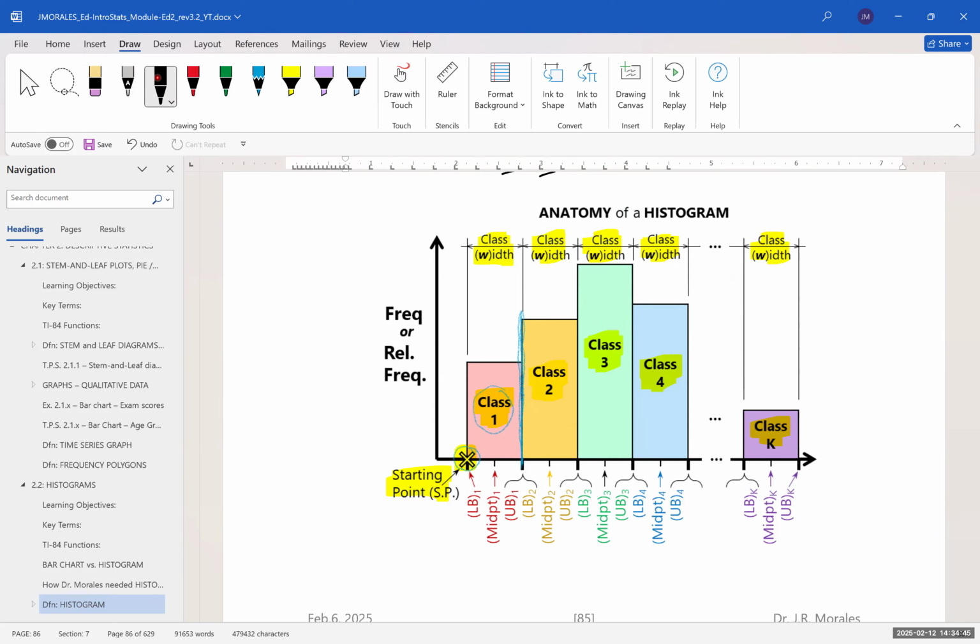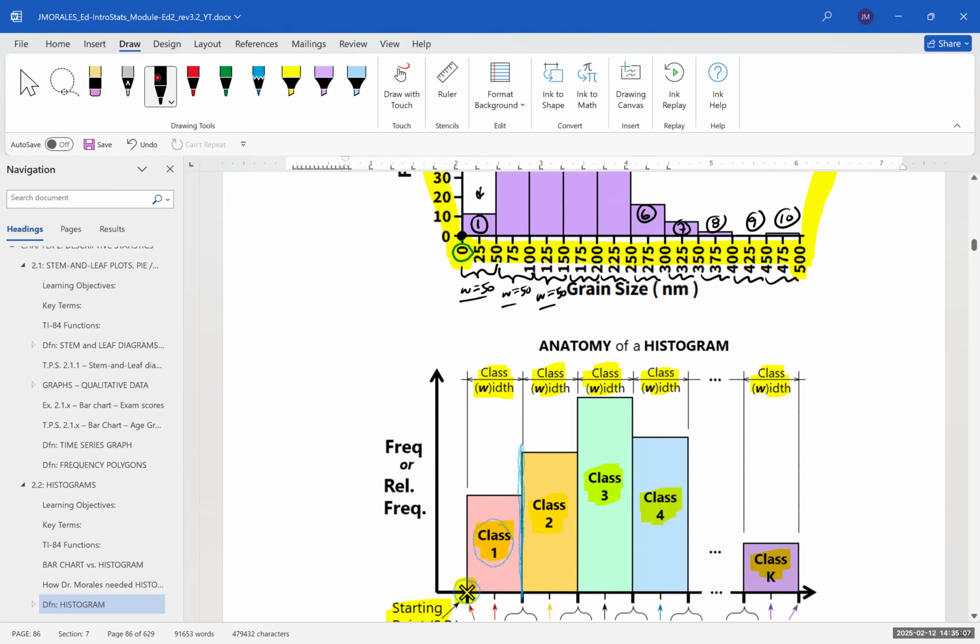The one thing that I didn't put in here is that this lower bound here and this final upper bound of your final class has to encompass the full range of your data set.